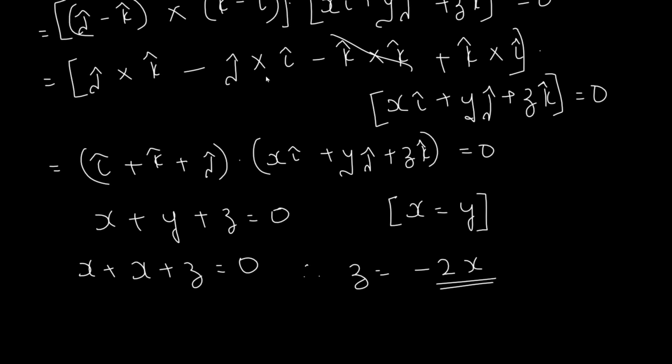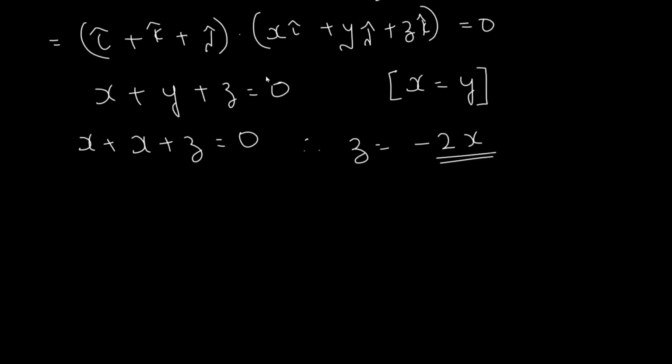Then in this case, now putting the value for d, we have vector d is equal to xi plus yj plus zk.